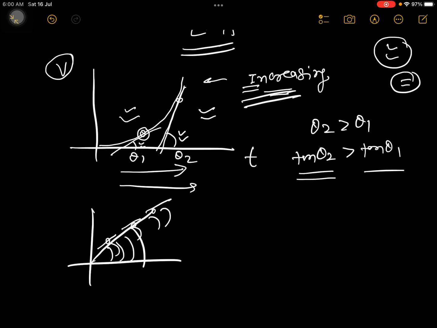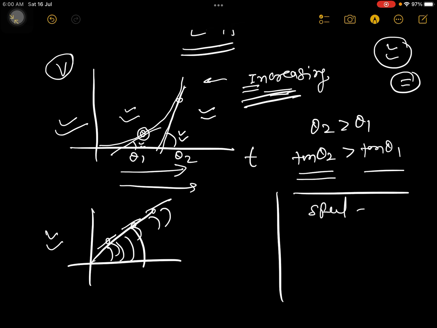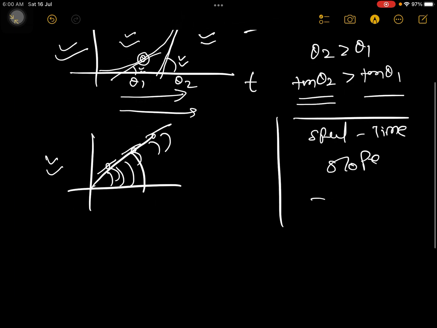And one more thing, always remember, if velocity is changing, like in this case also velocity is changing, and in this case also velocity is changing, correct? A separate idea we have already seen: the slope of the speed-time graph is known as acceleration, correct?